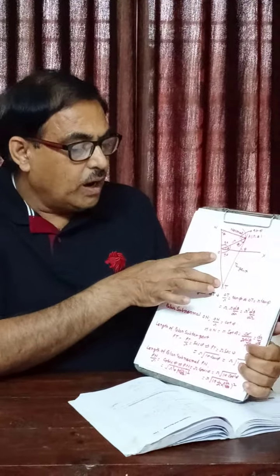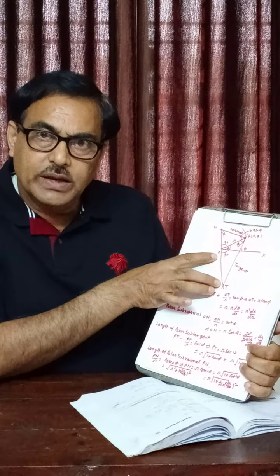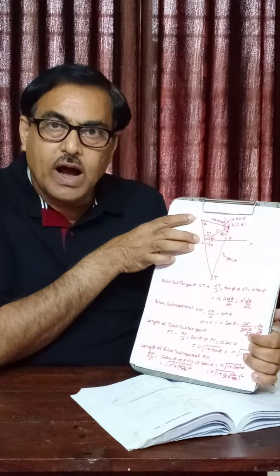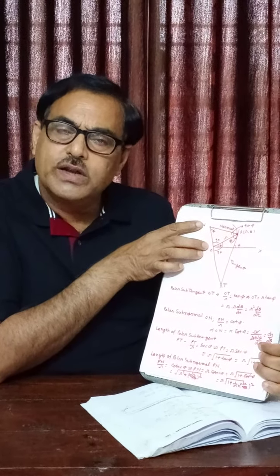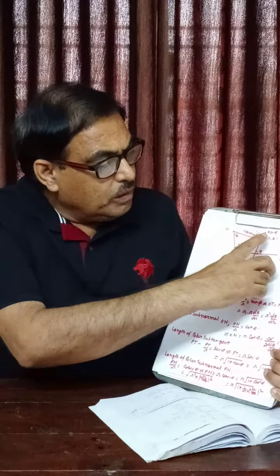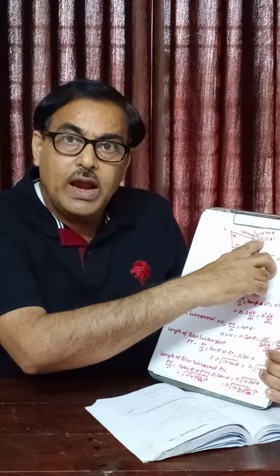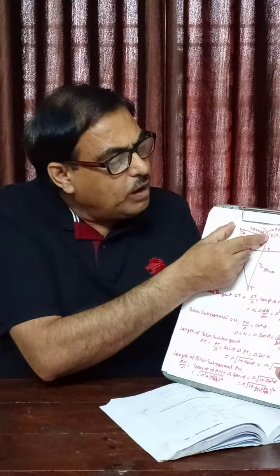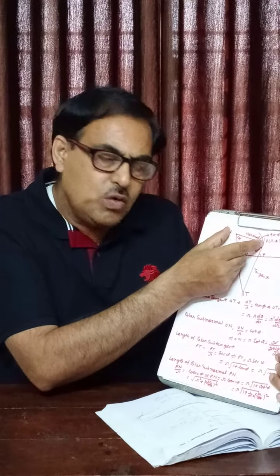Clearly, OT is called the polar subtangent, and the portion ON is called the polar subnormal. Clear? PT is called the length of the polar subtangent, and PN is called the length of the polar subnormal.